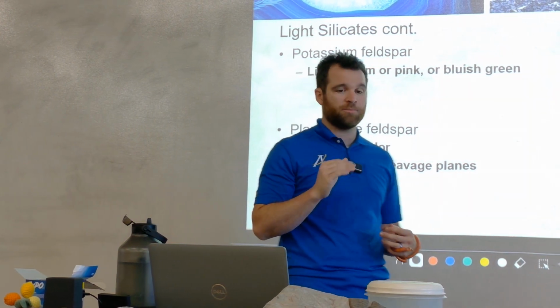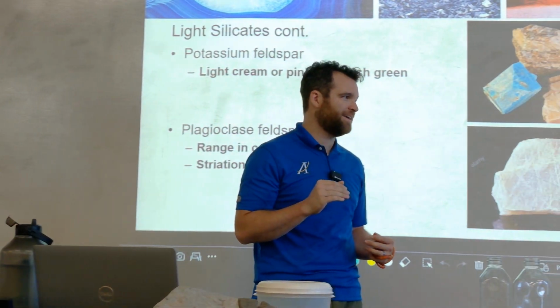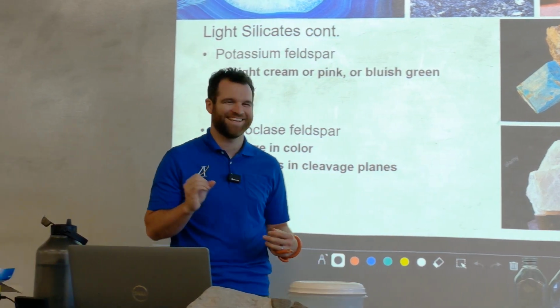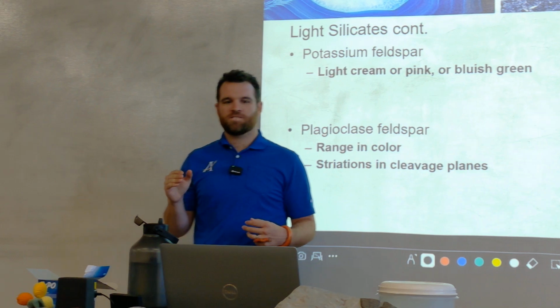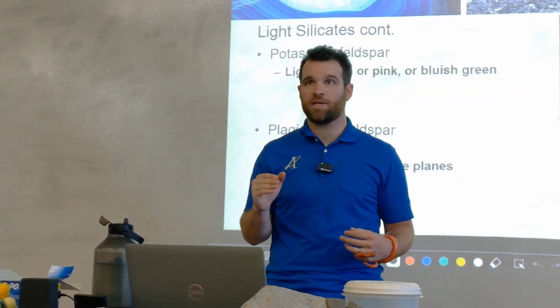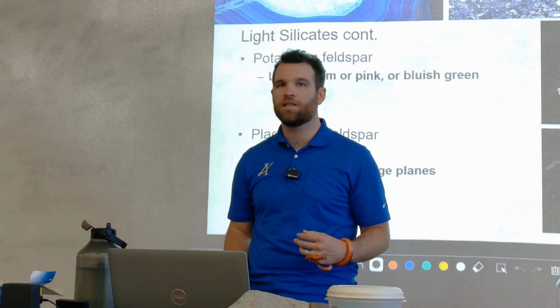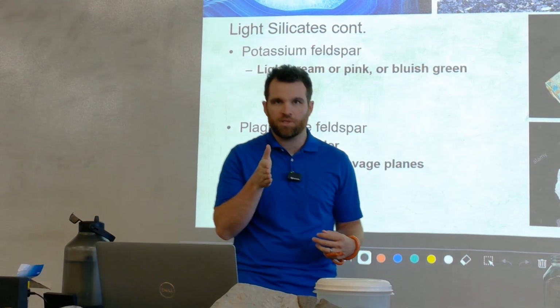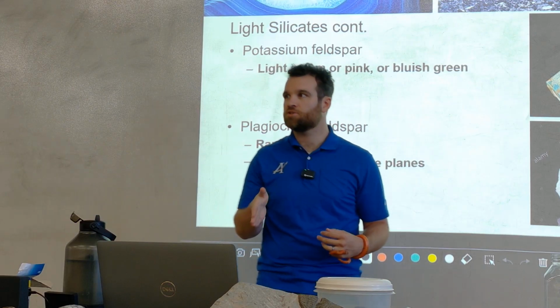But the easiest way to tell them apart, is that when you're looking at the cleavage planes of plagioclase feldspar, there are going to be lines that you can clearly see, grooves that run parallel to each other along the cleavage plane.